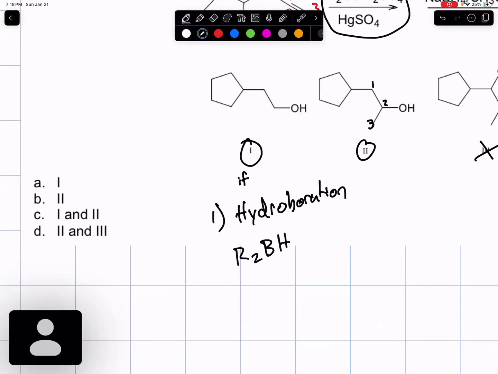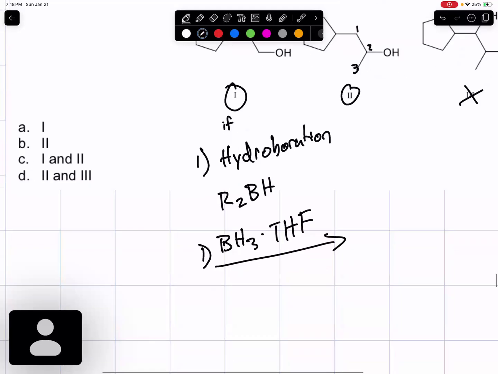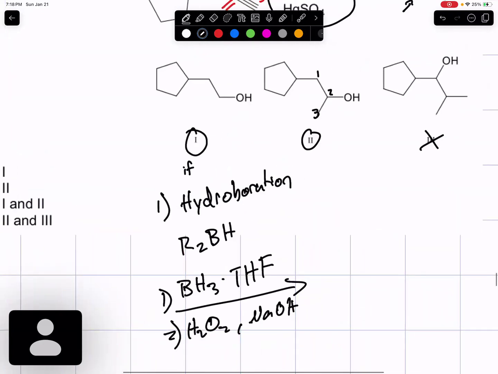If you forget the reagents, it's on your reagent sheet. But if you wrote BH3, THF, in what is it? I always forget, peroxide and some base, either answer is acceptable.